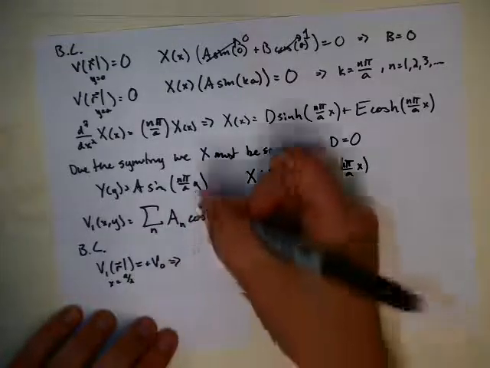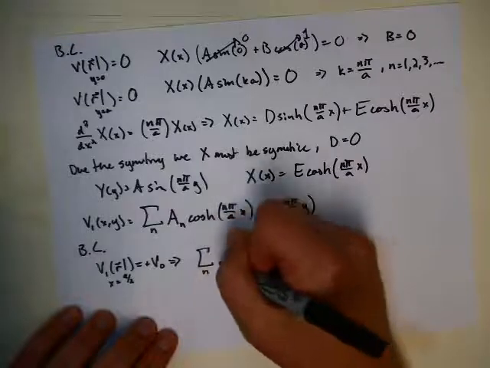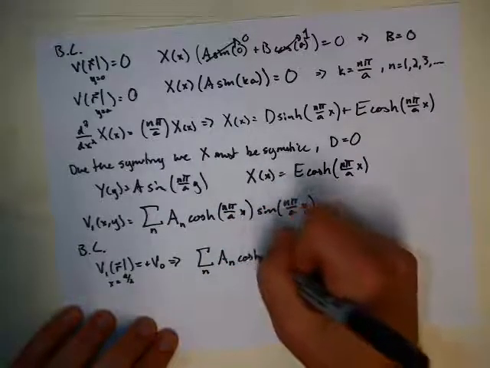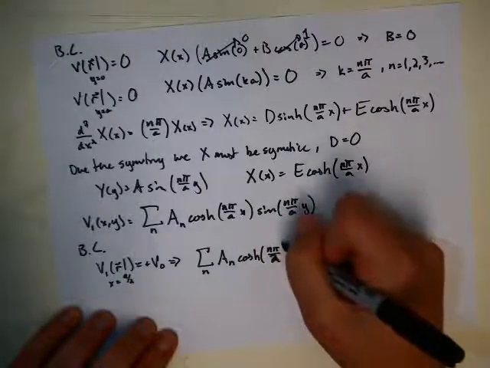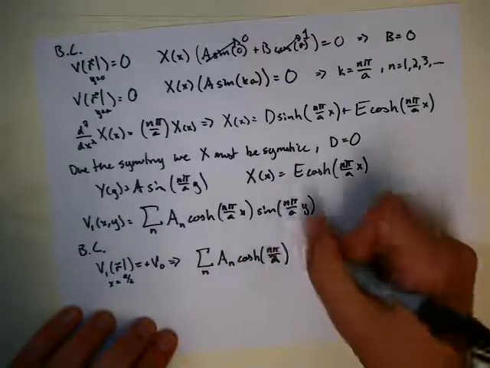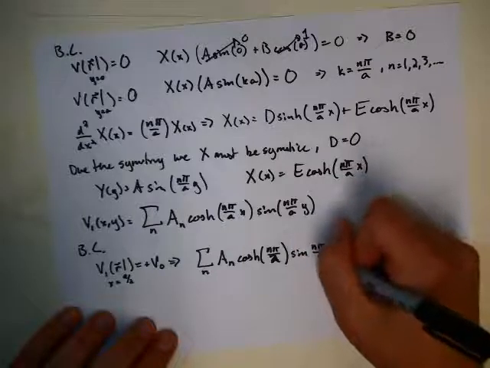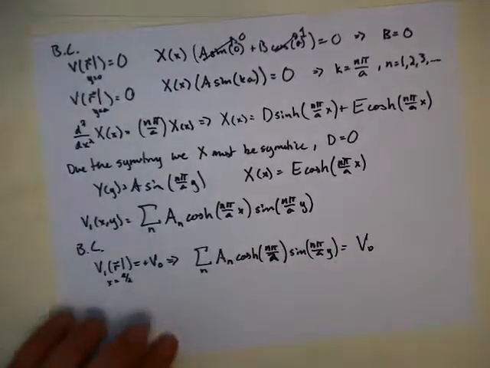This is going to translate into our language here as the sum over all possible n of a n cosh of n pi over 2, because a over 2 over a, the a is canceled, so n pi over 2, times the sine of n pi over a y, must be equal to some constant v naught.